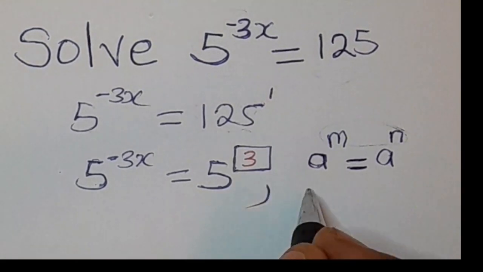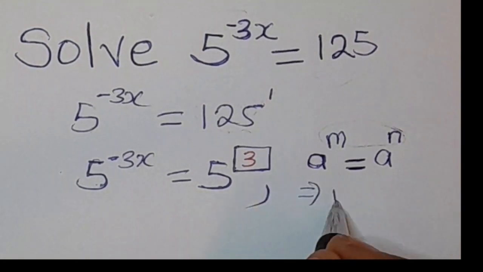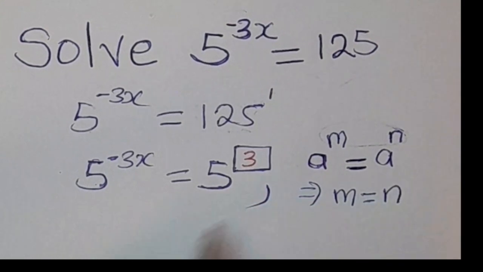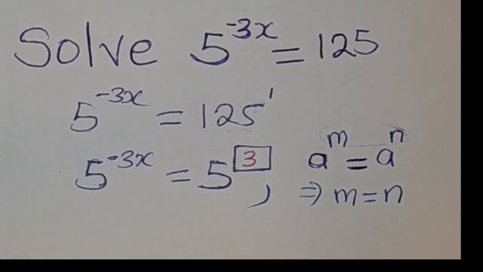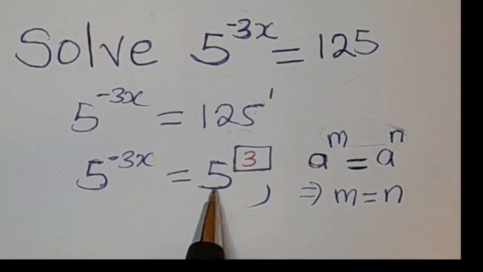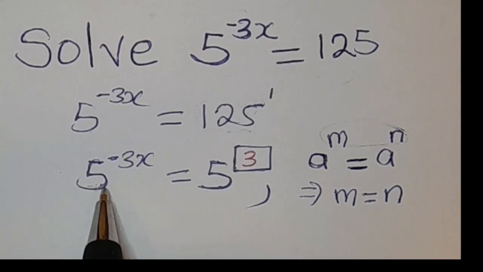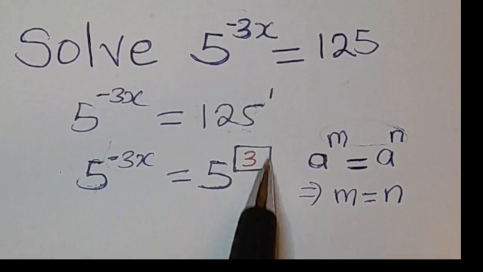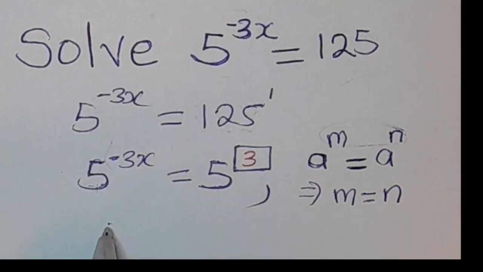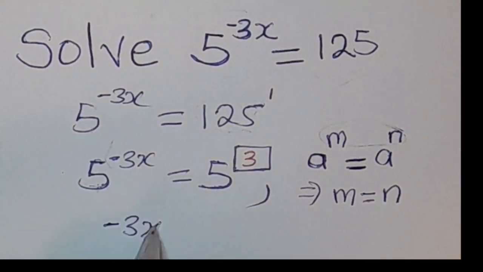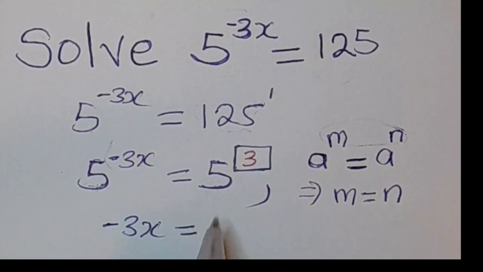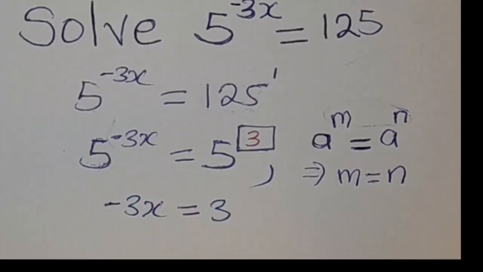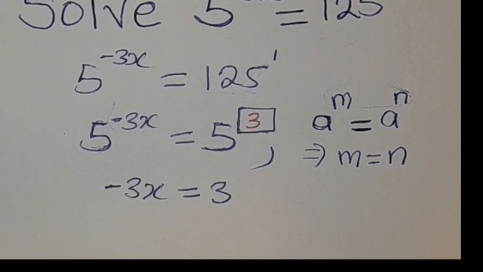Therefore m is equal to n. In this case the base is 5, and since the bases are the same, we are going to equate the powers. So we have negative 3x is equal to 3.